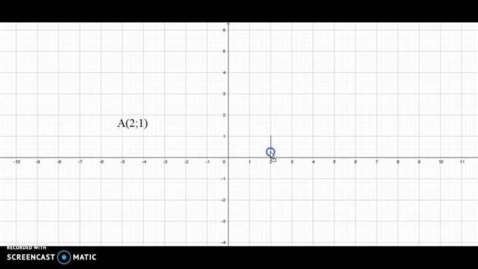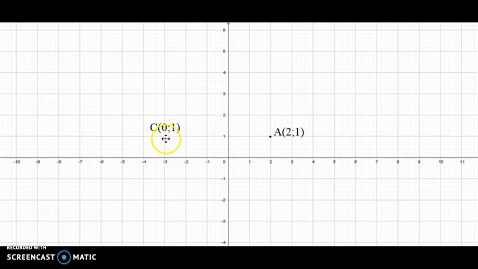Then on the y-axis, I go to 1, and where those two imaginary lines meet, I will place my dot to indicate the point (2, 1). Now I need to label this point.